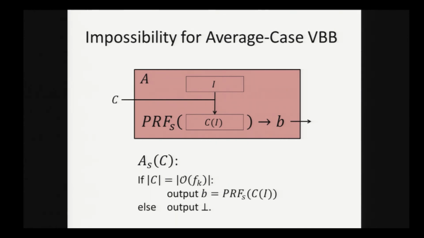It's going to get an input circuit C, compute its truth table, and apply the pseudo-random function on this truth table. So if the input circuit C has a different truth table than f_k, the output of the adversary on C will look completely random and independent of the output of the adversary on an obfuscation of f_k.